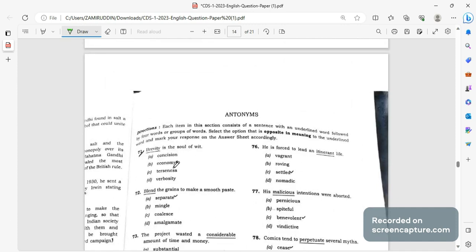ये तीन जो होंगे वो synonyms होंगे, and third, the last one will be the answer will be different from the three. So उसके बीच में देखना है. Brevity is the soul of wit. Verbosity will be the right answer for brevity is the soul of wit. Verbosity का क्या मीनिंग है? Verbosity मतलब how to say in English?